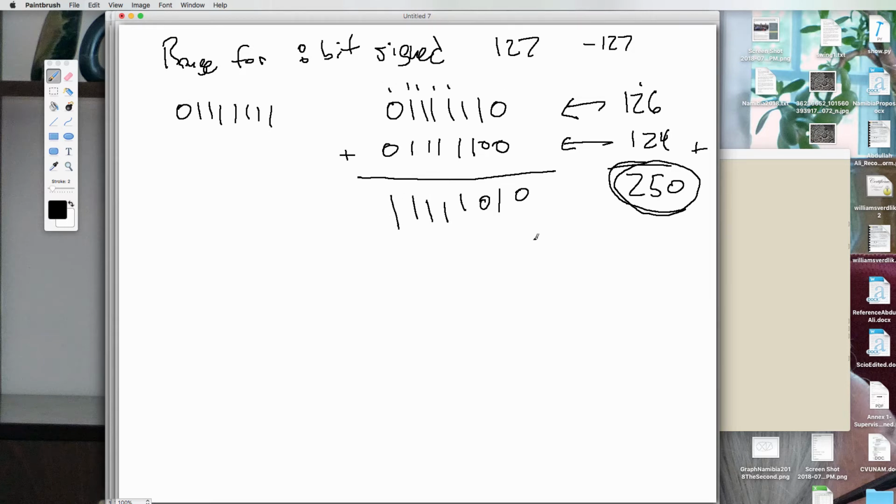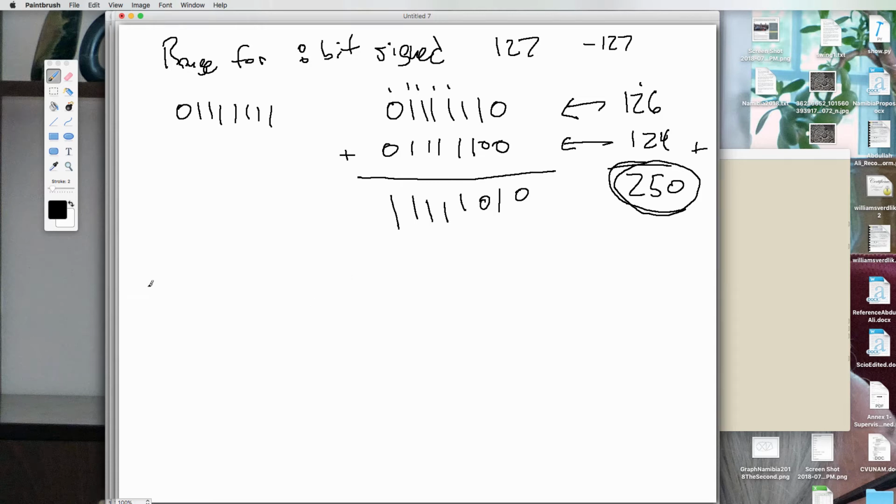Now, immediately, I should notice that there's a problem, because I've added two positive numbers together, and look what happened here. I got an 8-bit number where the leading bit is a 0. I might think that this is a negative number, okay? So there's an overflow condition here, okay? I don't quite know how to determine it yet, but I will show you that in a moment.